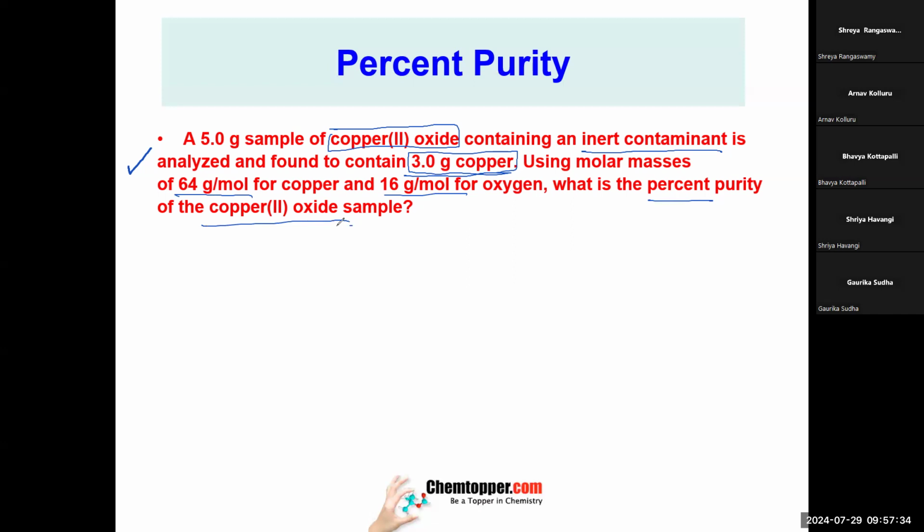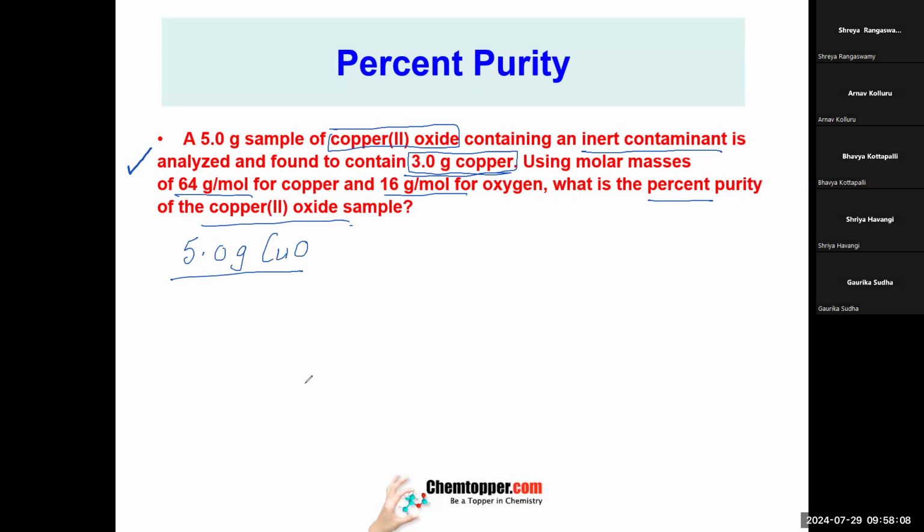Yes, Shreya H, very good. Copper 2 oxide is CuO. So how many grams of copper 2 oxide are you starting with? Is it pure or impure? Is this copper 2 oxide, 5.0 gram, pure or impure? Does it have some impurity? Yes or no?